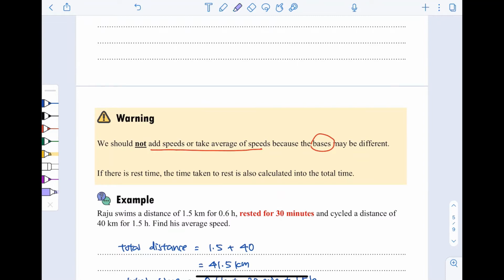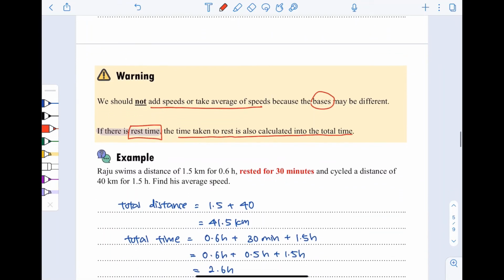I also want to bring to your attention what if there is rest time. If there is rest time, meaning the person did not move at all, so he stopped and took a rest for a certain duration, do take note that the time taken to rest is also calculated into the total time.